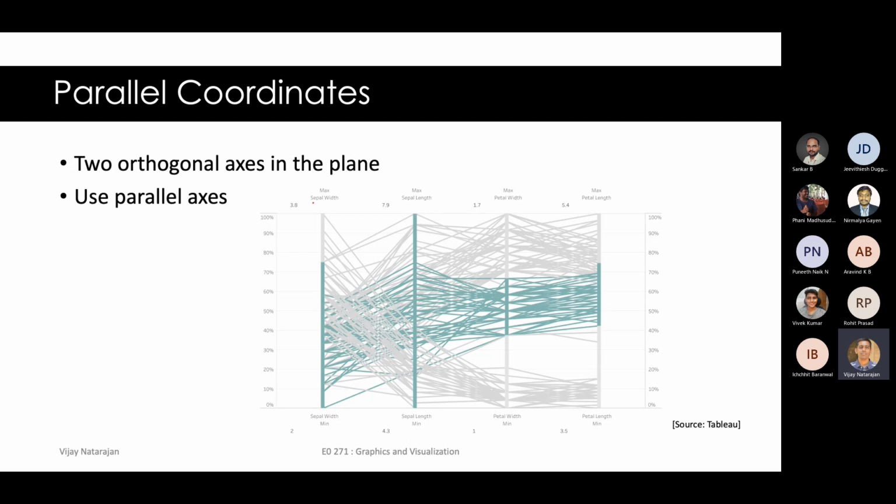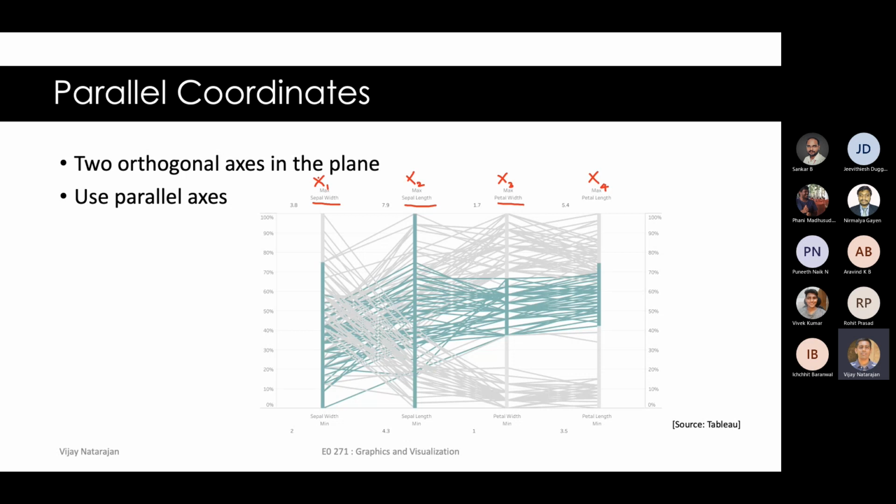The first axis is maximum sepal width. The next one is maximum sepal length. This is the third. So you can think of this as your x1, x2, x3, and x4. Right? So the 4 axes are drawn parallel to each other. So this is just a visual representation.